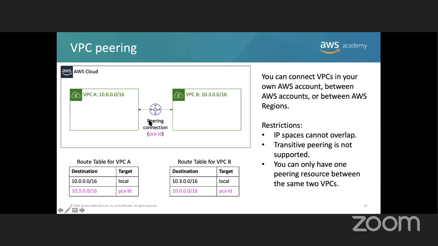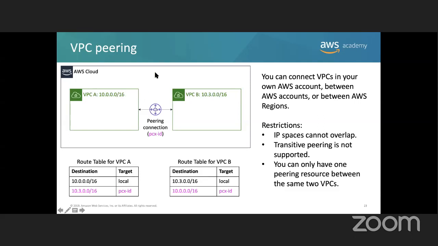It's a VPC peering connection, right? Now, very important. If you want to connect a third VPC, and you make a peering connection between VPC-C and VPC-B, it doesn't mean that VPC-C is going to be connected to VPC-A. Very important.